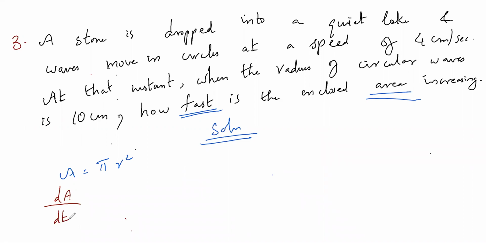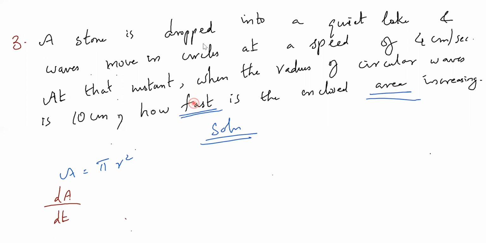Is this clear to everyone? Why is it that what we have to find is area with respect to time? See, the question is how fast is the enclosed area increasing?